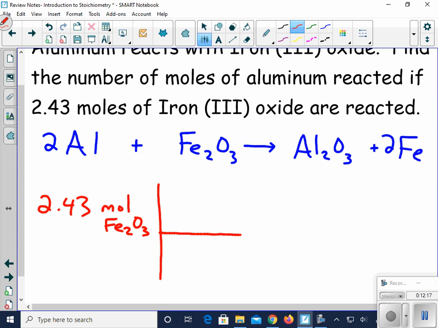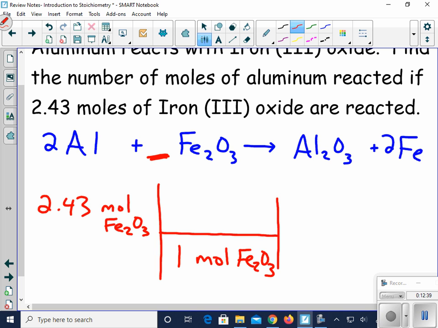I need to set up my conversion box, and I'm going to use, once again, the molar ratio. Okay? What do I want? What do I want, Trista? What do I want on the bottom? 1 mole of Fe2O3.